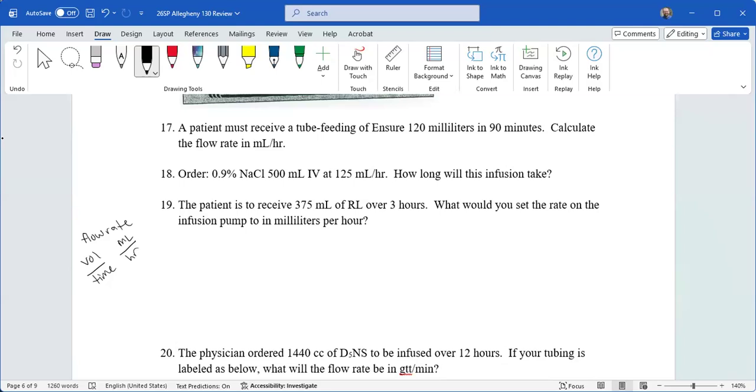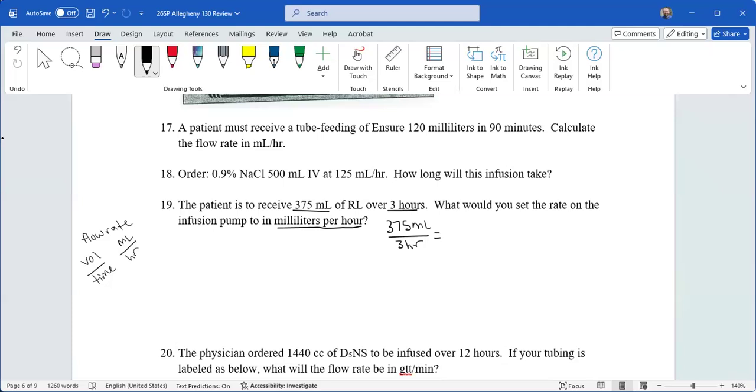So in this example here, the patient receives 375 milliliters of Ringer's lactate over 3 hours. The question is, what would you set the rate on the infusion pump in milliliters per hour? To solve this, all you're going to do is take the 375 milliliters over the 3 hours and reduce that.